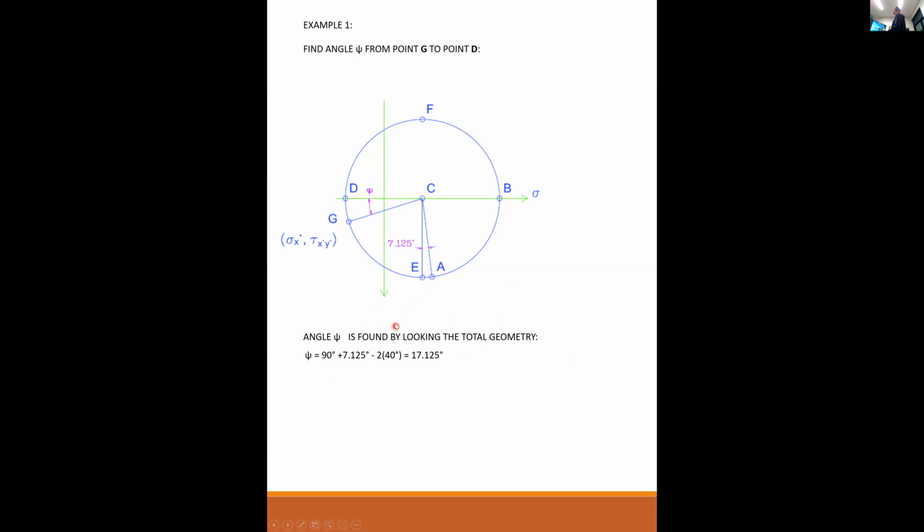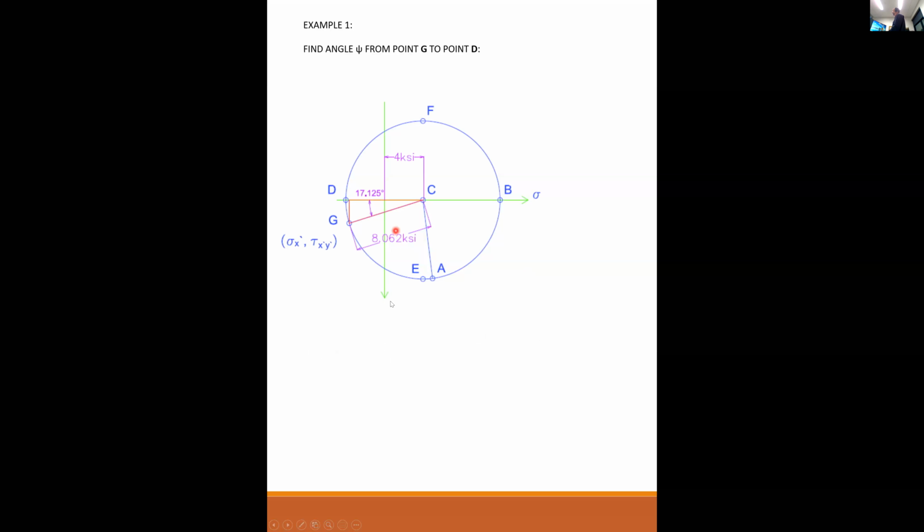The total geometry is going to be 90 degrees from E to D, plus 7.125 degrees, minus 2 times the 40 degrees, because the theta was 40, so on the circle it's 80. And what I'm left with is 17.125 degrees. So this angle here, what you're left with is 17 and an eighth degrees. Like so.